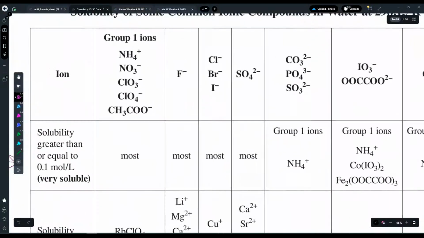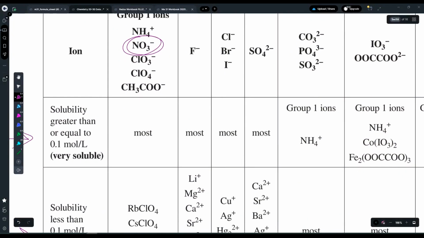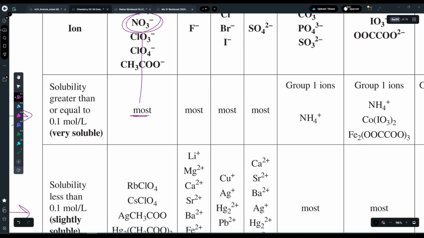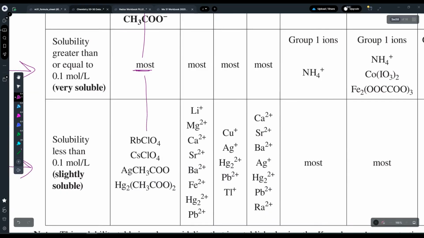So nitrate, we're going to find right here. Now I'm tracing my finger down and I hit, okay, most things with nitrate are soluble, but let's just keep on tracing our finger down and make sure zinc isn't in our list of exceptions. So I'm not seeing zinc nitrate anywhere here.